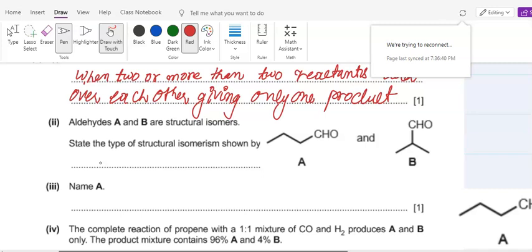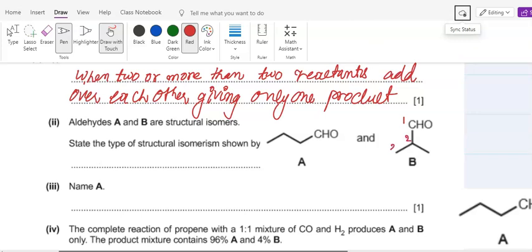Because aldehyde is a terminal group, so we always number it 1. 1, 2, 3; 1, 2, 3, 4. So it is not the aldehyde's position that has changed. It is basically the structure of the chain that has been changed in B. So it is chain isomerism.